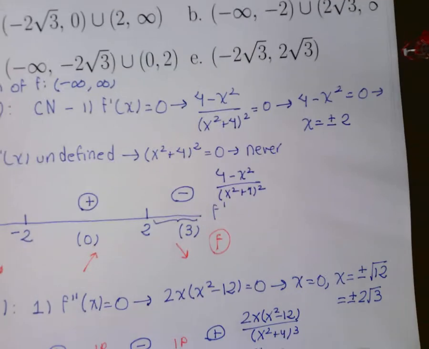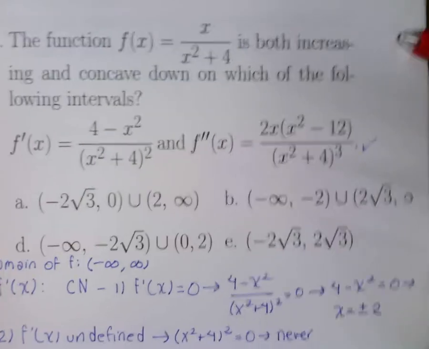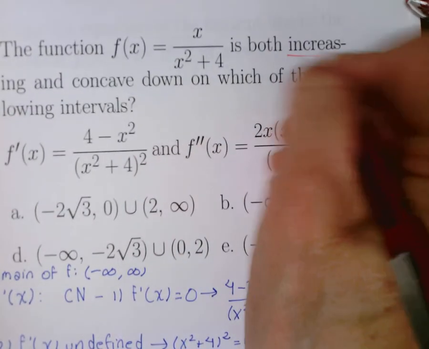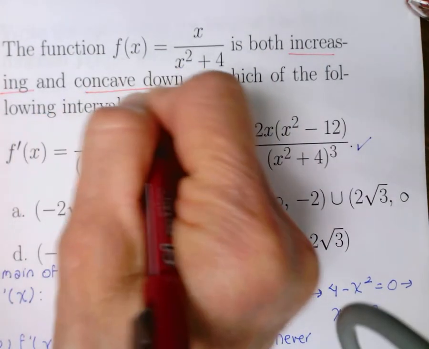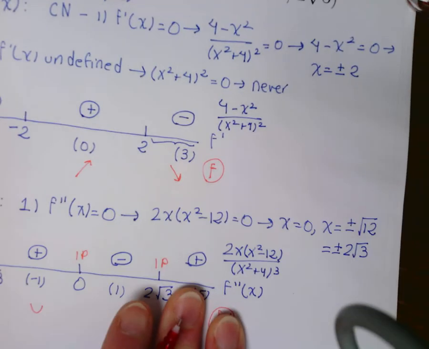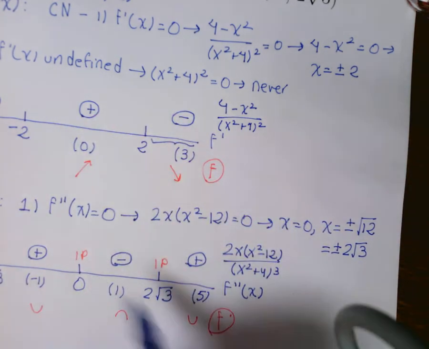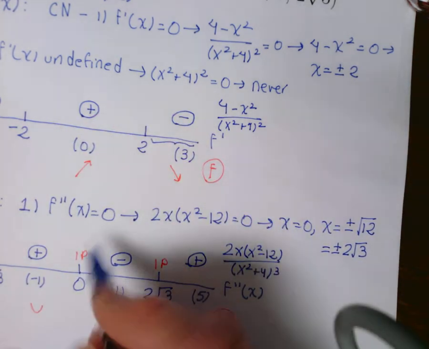So now the question is, where is the function both increasing and concave down? Okay, so now I just look at my two number lines. I want it to be increasing, so it's got to be between -2 and 2, and also concave down.